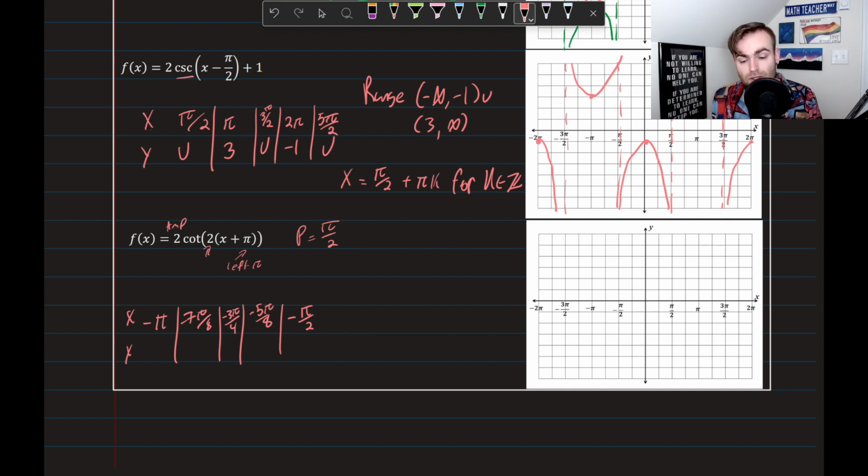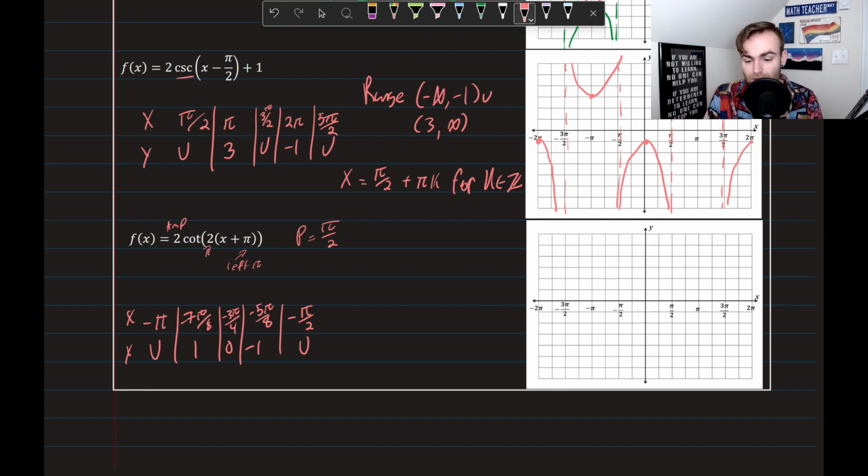As far as the y values go, what does tangent do? Tangent is 0, 1, undefined, -1, 0. So cotangent would be the reciprocals: undefined, 1, 0, -1, undefined.